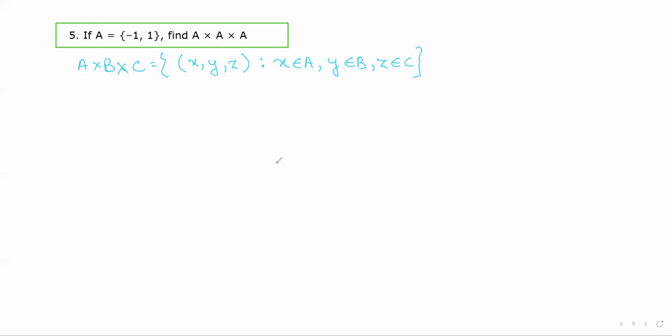Here, all of them are the same. So A is {-1, 1}, B is the same and C is the same. Just for understanding, we'll write A thrice so that we can form these ordered triplets.